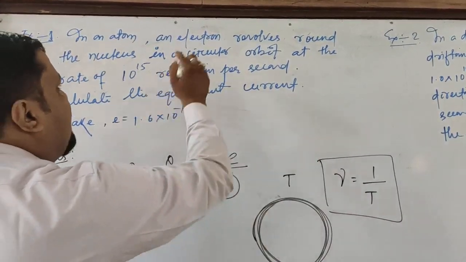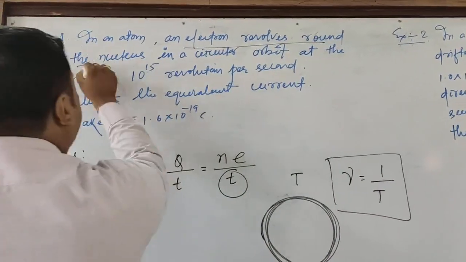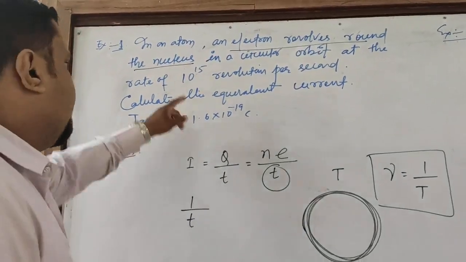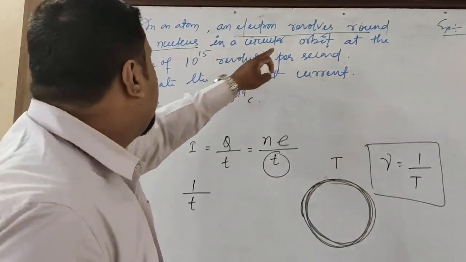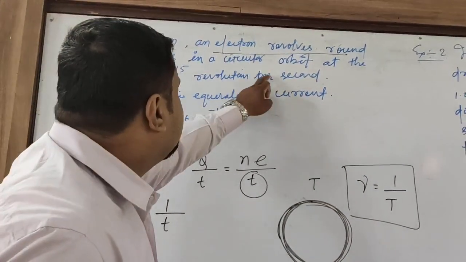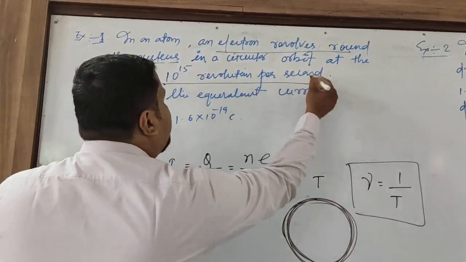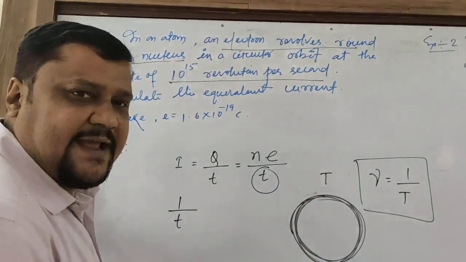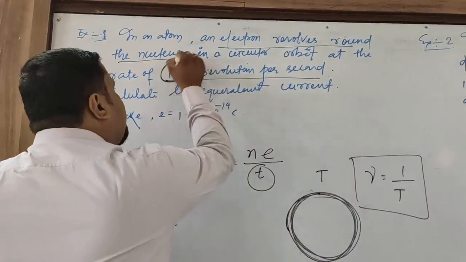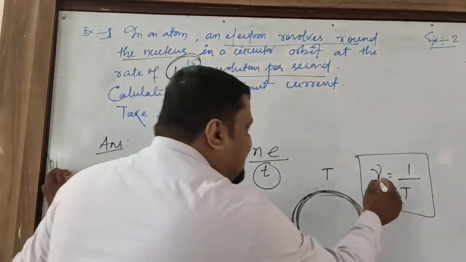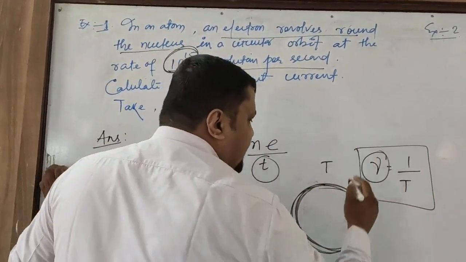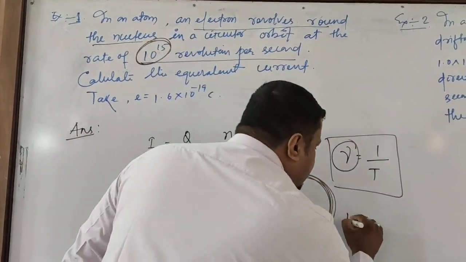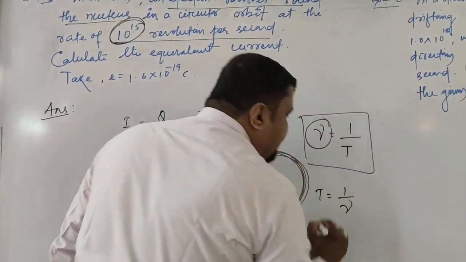In this question, the electron revolves around the nucleus in a circular orbit at 10 to the power 15 revolutions per second. This means this is the frequency, so the time period, the time taken to complete one revolution, T is equal to 1 by frequency.